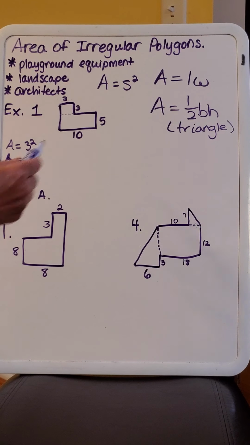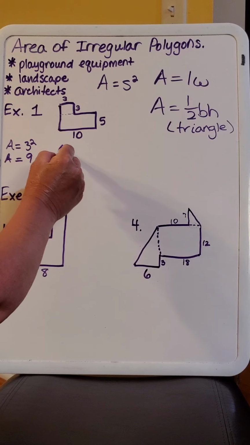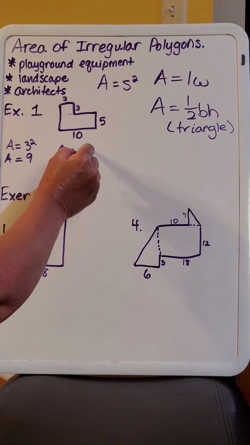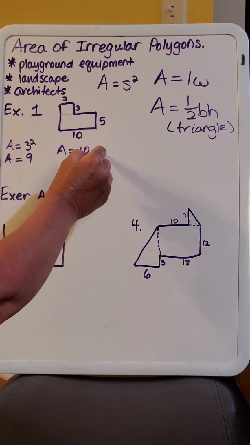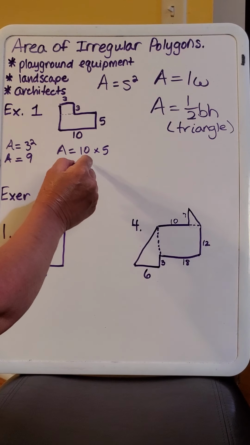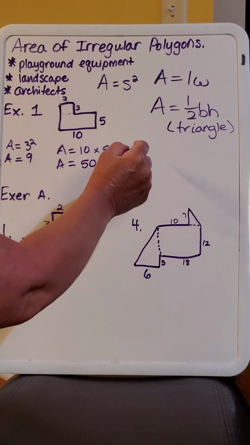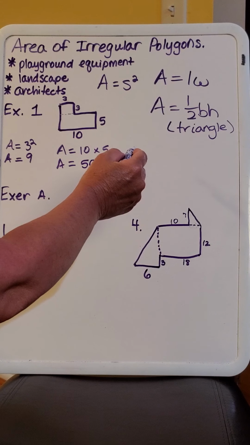And then the area for the rectangle is going to be length times width. So area is going to be equal to 10 times 5, and the area is going to be 50. And then we add the two together.